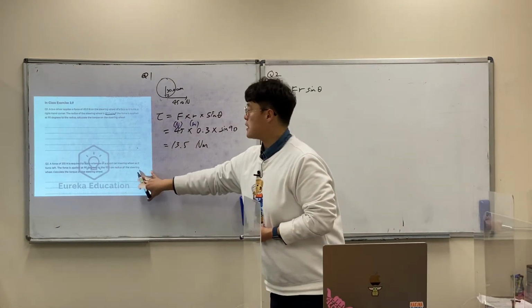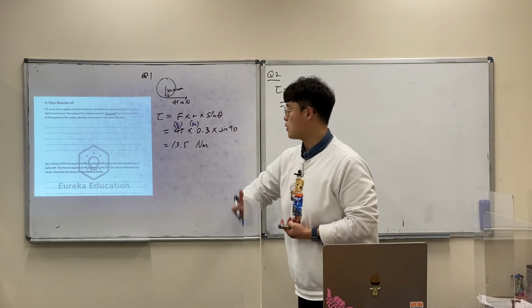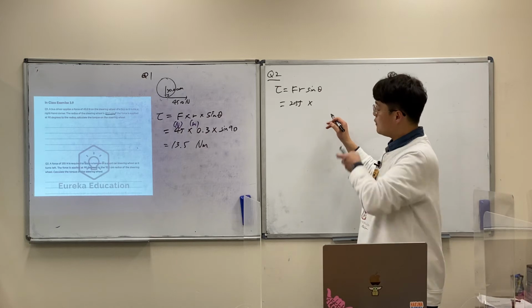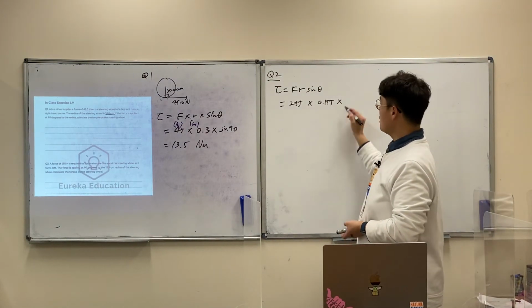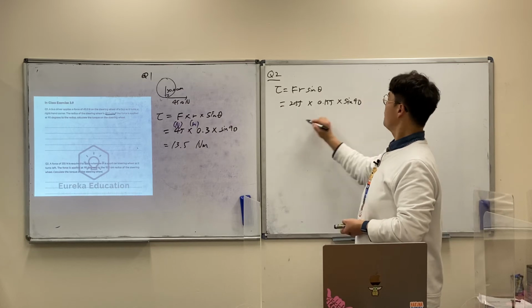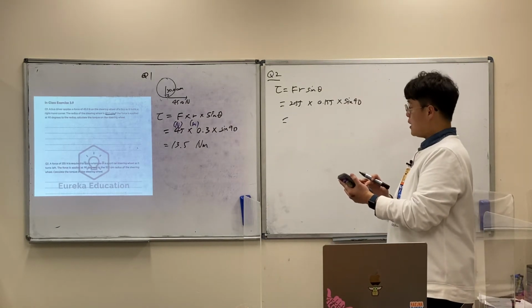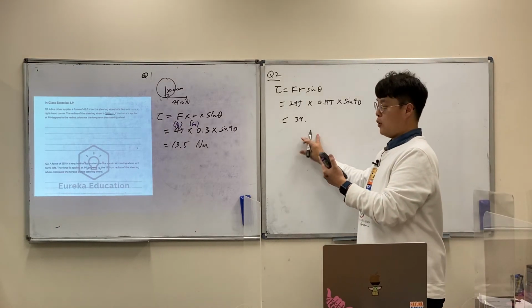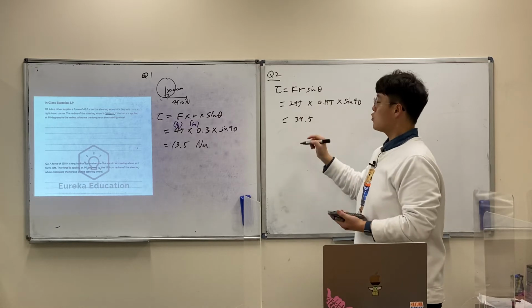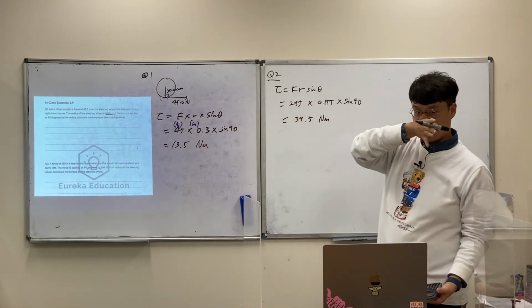The force is given as 255 newtons times the radius of the steering wheel, 15.5 centimeters, that's 0.155, times sine theta, so sine 90. Very simple. So 255 times 0.155 would be 39.525. So it's 39.5 Newton meter in 3 significant figures.